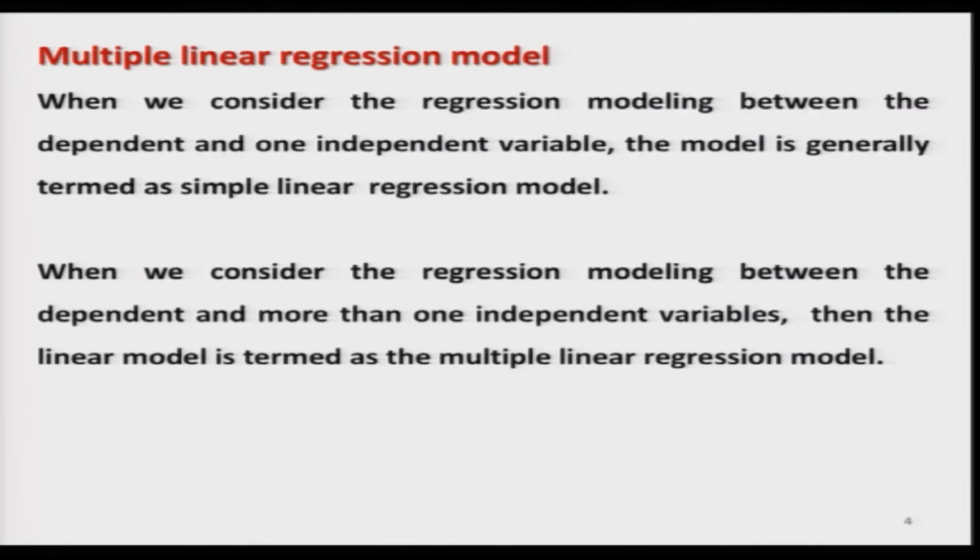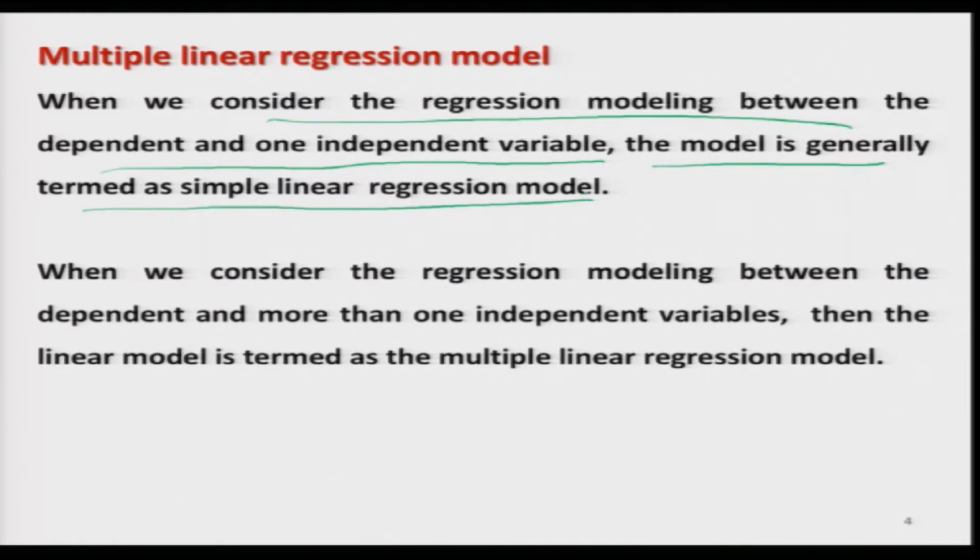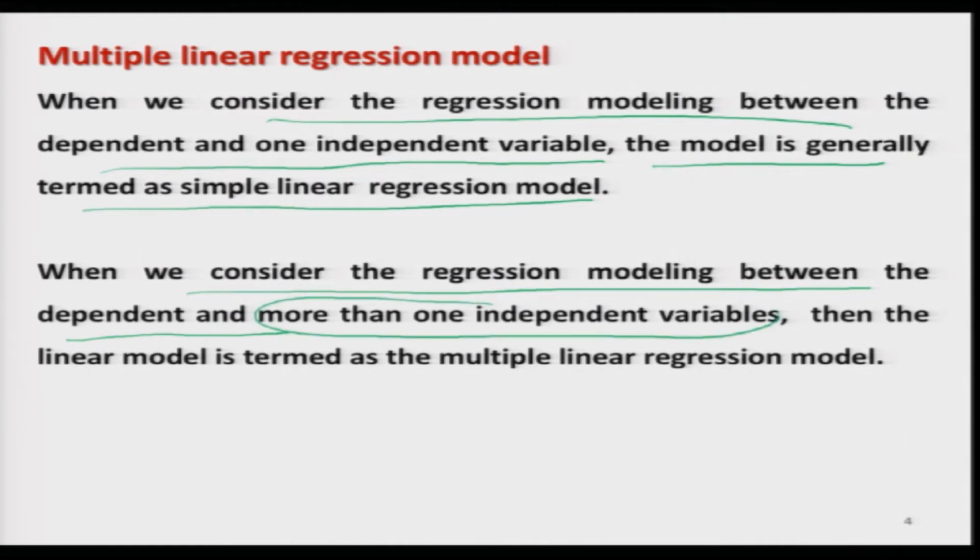So, when we consider the regression modeling between the dependent and only one independent variable, then we have learned that this model is generally called a simple linear regression model. Now, when there are more than one independent variable, that means when we consider the regression modeling between the dependent and more than one independent variables, then the linear model is termed the multiple linear regression model.